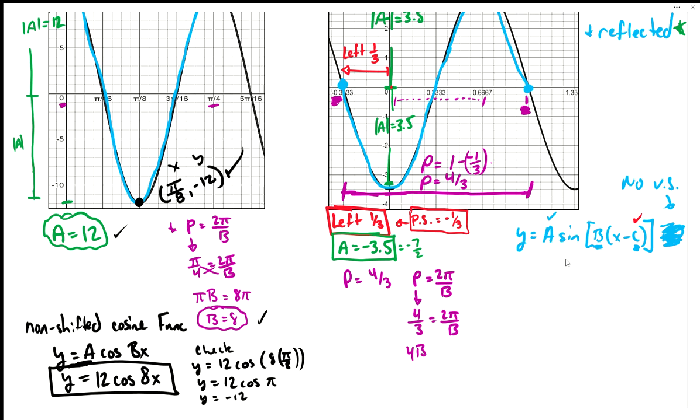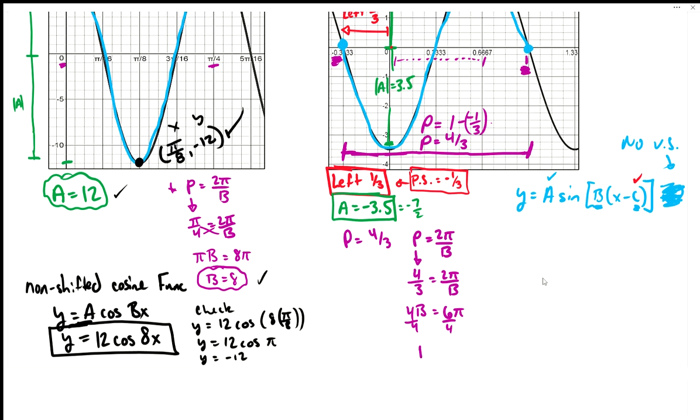So 4b is equal to 6 pi. And then when we divide by 4, we're going to have b is 3 pi over 2. And I'm going to box that too, actually. Okay, now we've got that. And then now we'll just plug them all in.